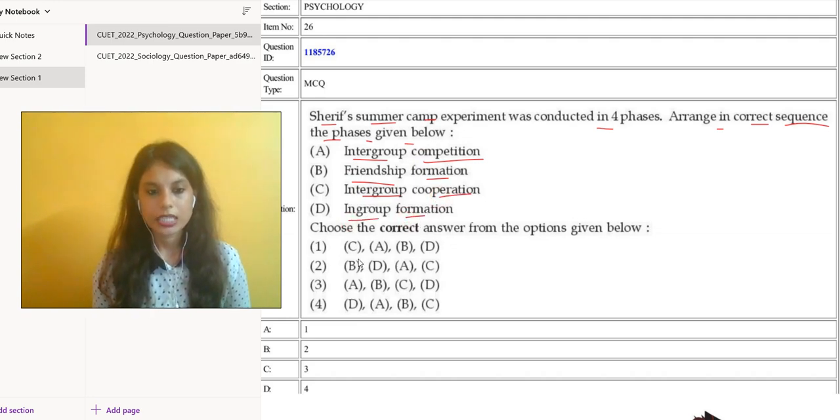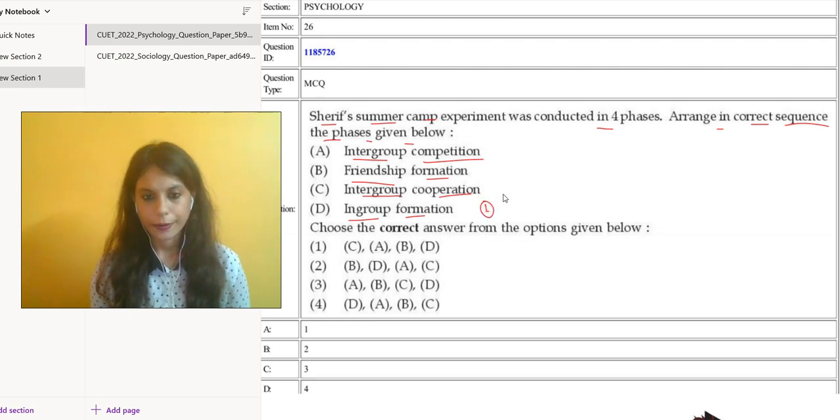From these, the correct way of putting them would be: first the in-group formation, so we are going with D first.